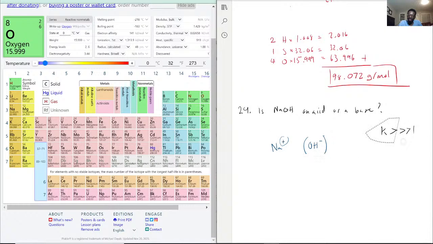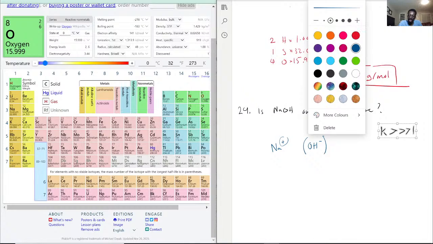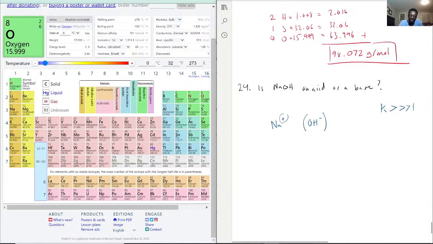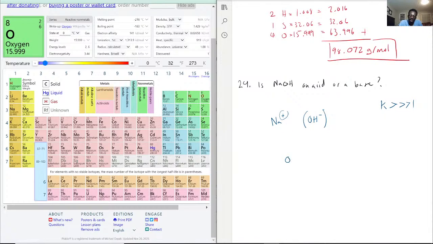Because this is going to be hydroxide, and you know when hydroxide is present in water, if we just had OH minus plus H2O, for example, you end up with H2O. So let's label this: its conjugate base, conjugate acid.